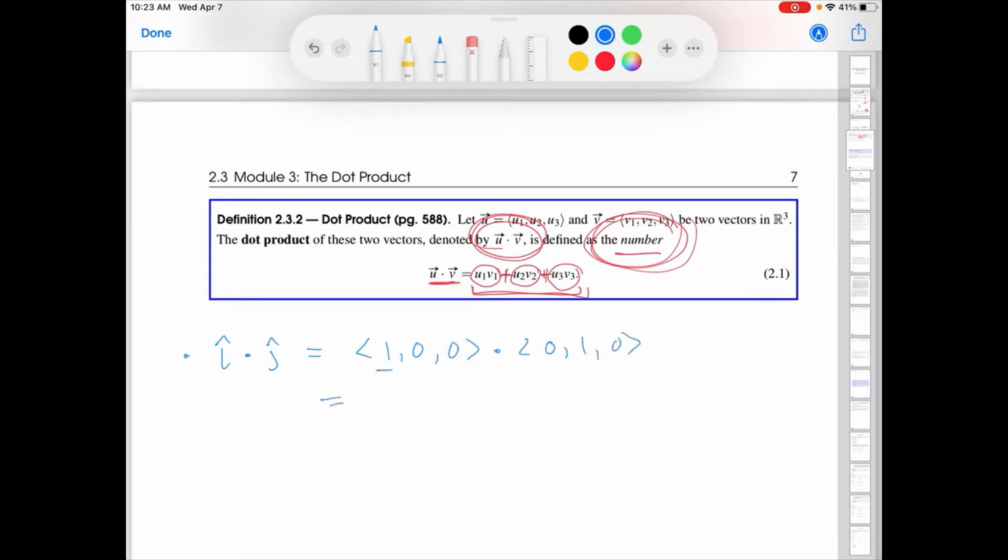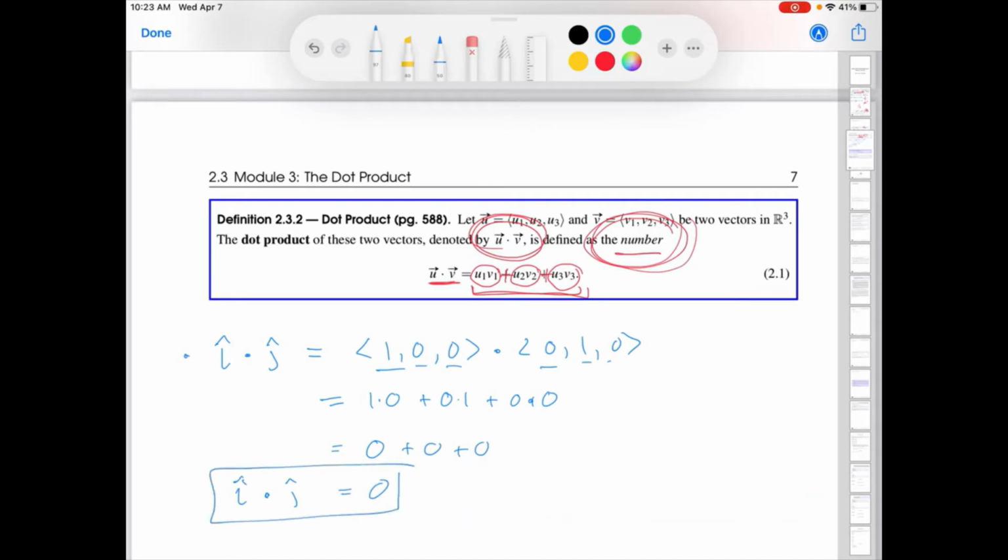So what do I do here? I multiply the x components plus multiply the y components plus multiply the z components. 0 times 0. And I get 0 plus 0 plus 0, I get 0. So i hat dot j hat equals 0.